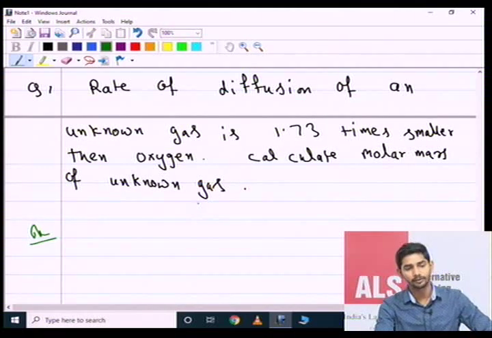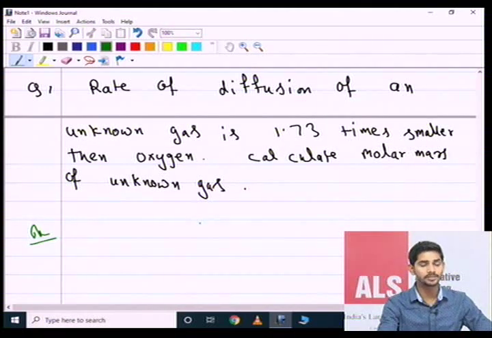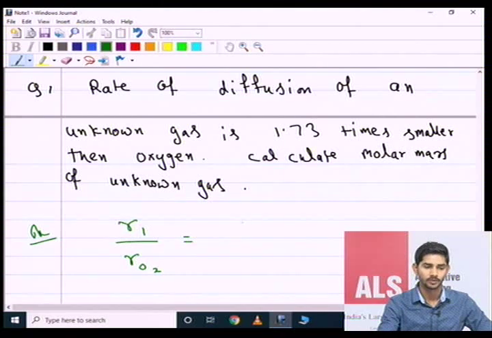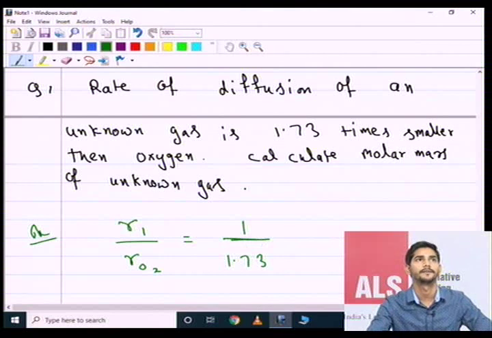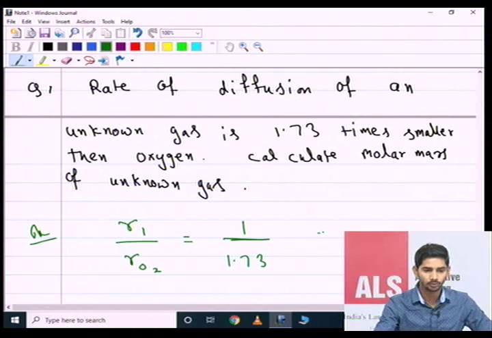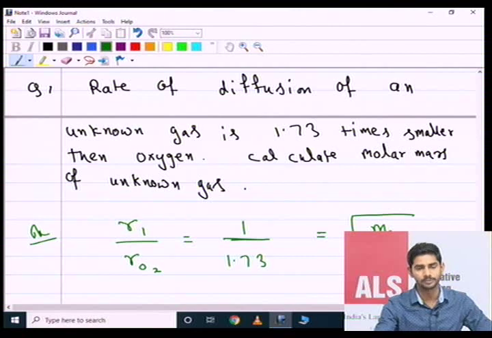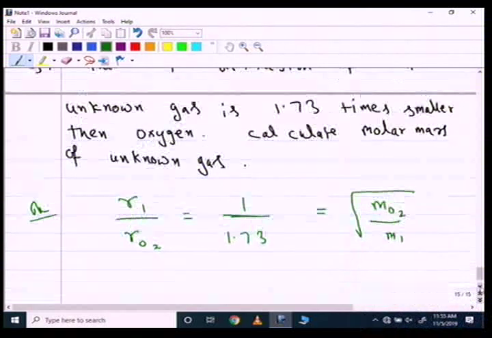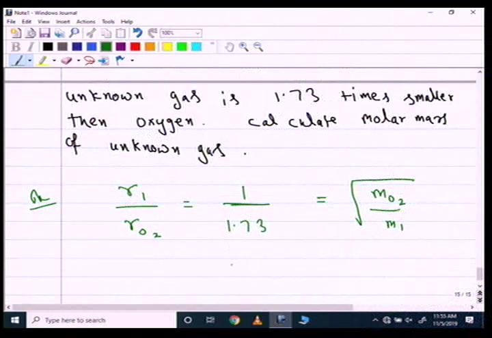Guys, this question was very simple. The question is saying rate of diffusion of an unknown gas is 1.73 times smaller than oxygen. It is saying that R1 upon R of O2 is 1 upon 1.73. This was given to us. Smaller means it should be in the denominator part. Now, I know that I can write it like this. Molar mass of O2 upon molar mass of gas. Now, look at this.